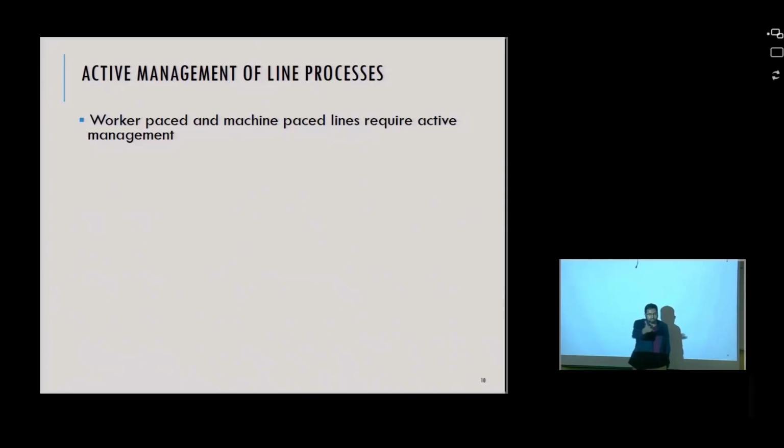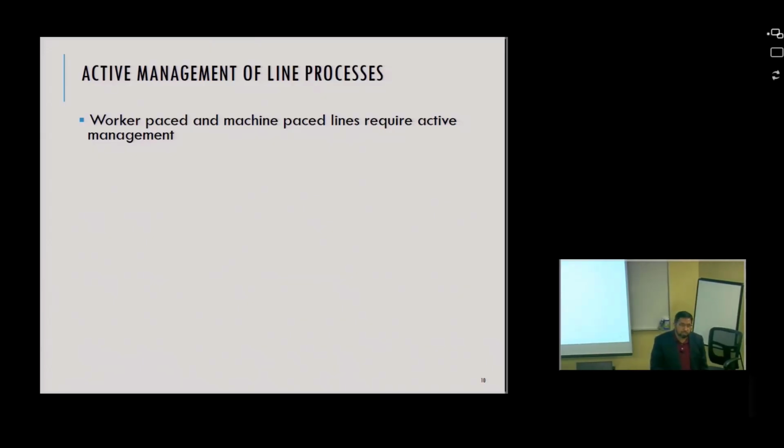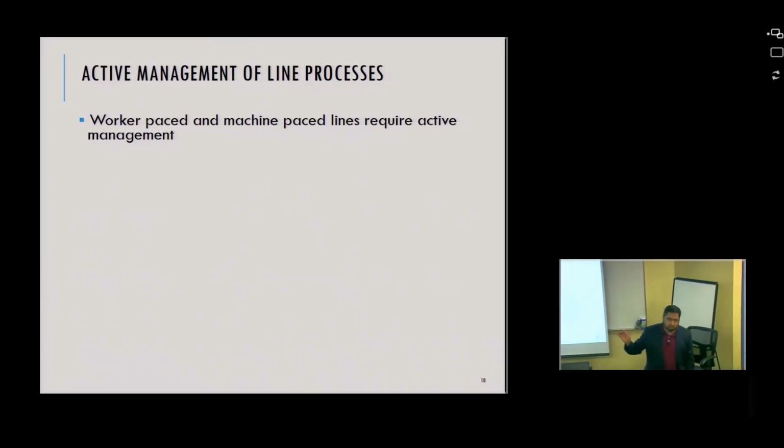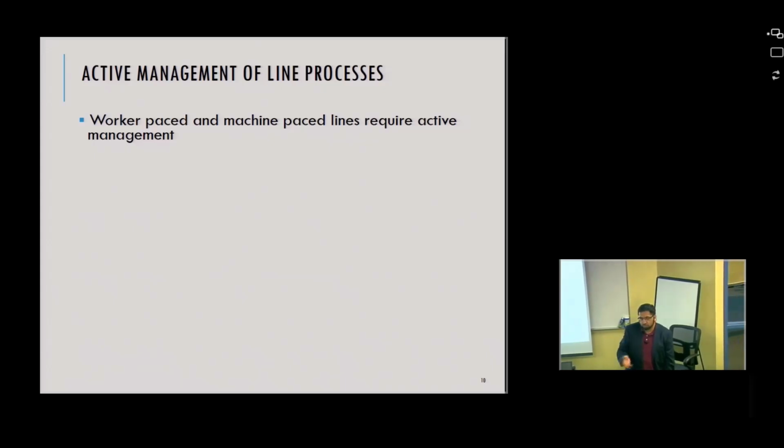Other examples of unexpected events or things that can happen? Right, so as you get to a lower-skilled workforce, their wages are also falling. They're not paid as high as a doctor, nurse, or job shop type of worker. So the more you go to a low-skilled, low-wage workforce, the more you see issues of absenteeism, because they could get a minimum wage job anywhere else. Why would they show up?